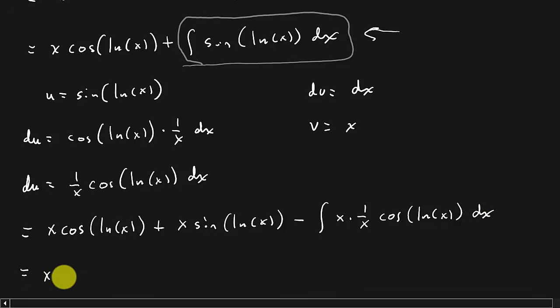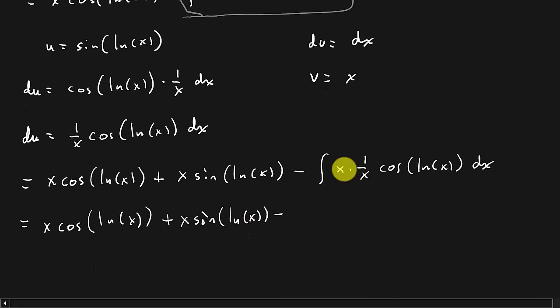So this is going to be x cosine natural log x plus x sine natural log x minus, now once again the x's cancel out, and so we're going to be left with the integral of cosine natural log x dx.